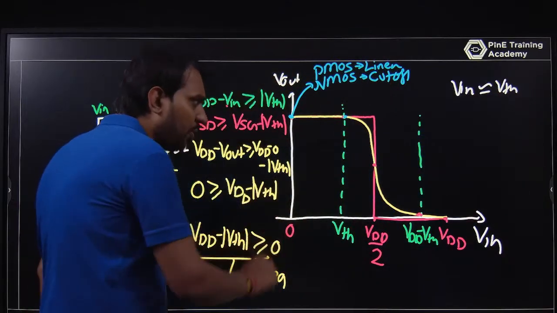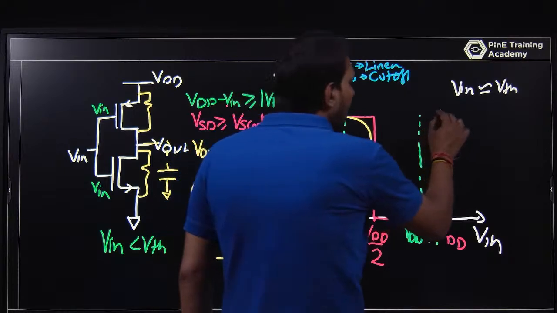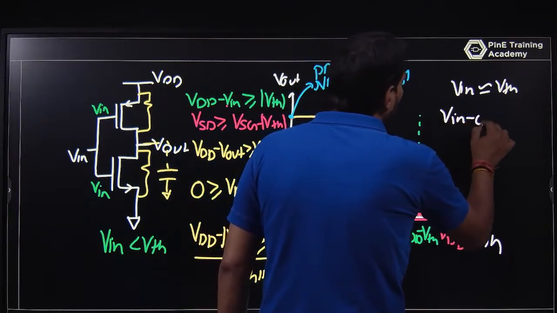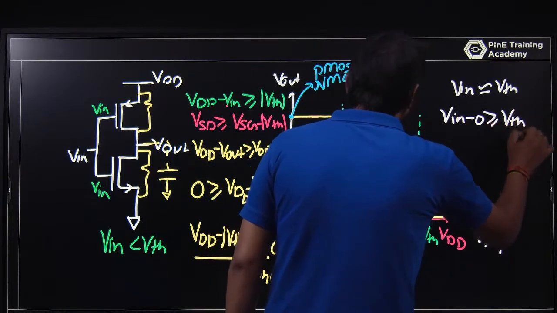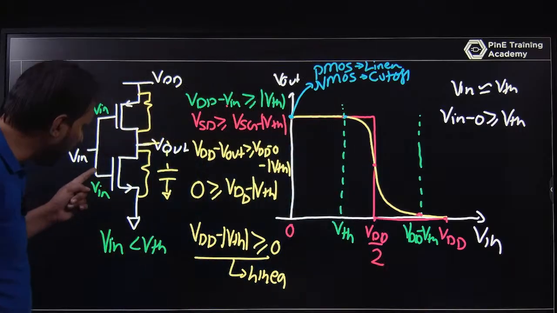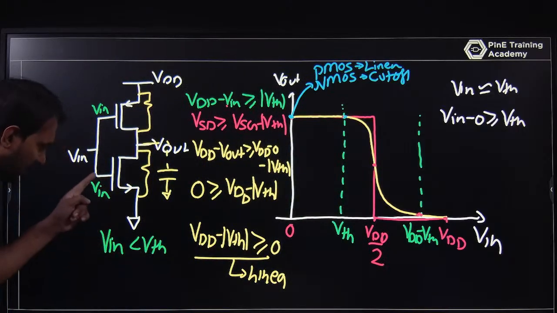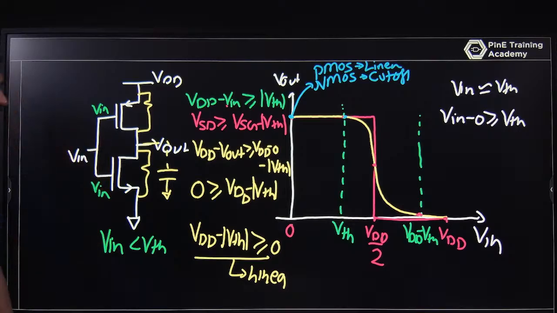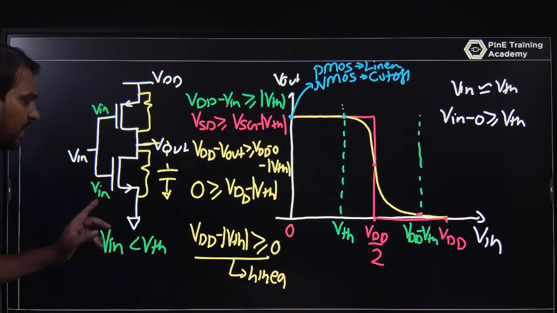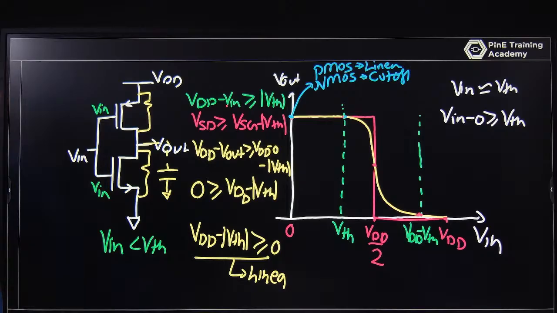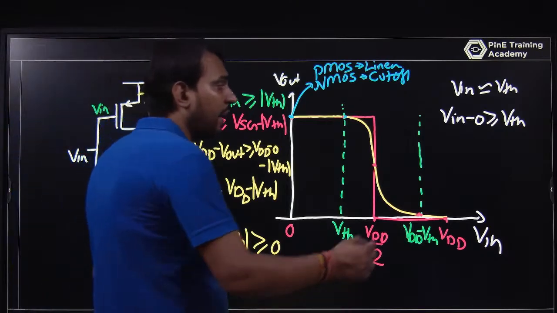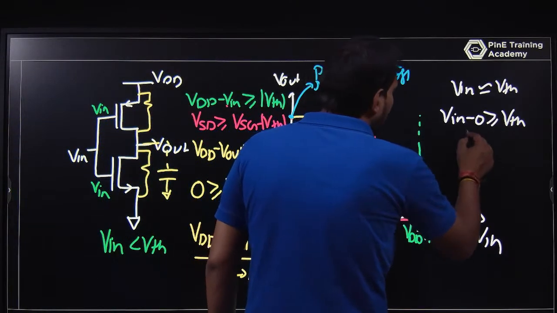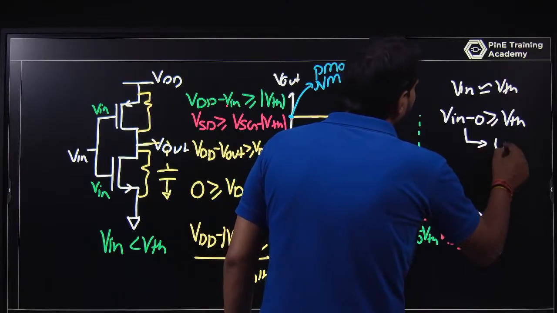Through the NMOS, Vin minus 0 is greater than or equal to VTH. For NMOS on, VGS is greater than or equal to VTH, just like the past transistor concept. If Vin is VTH, this condition is true, which means NMOS is on.